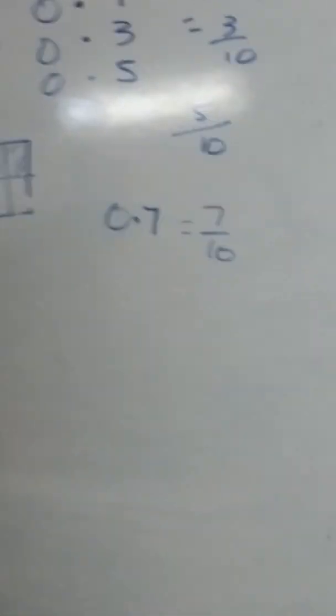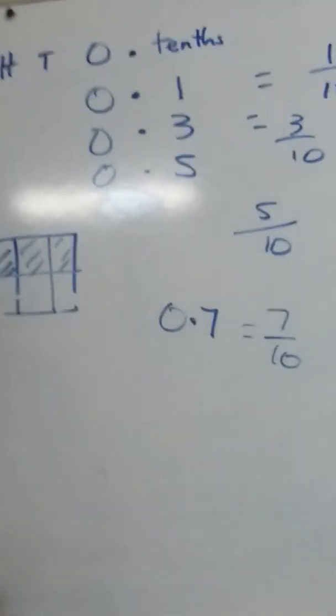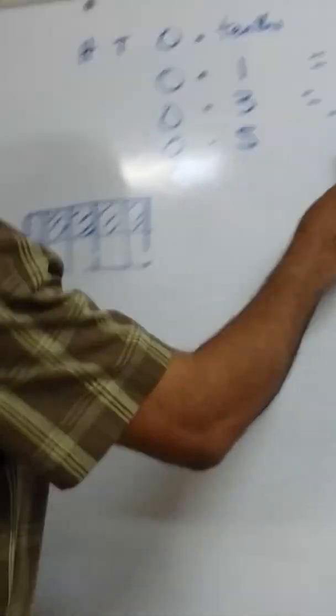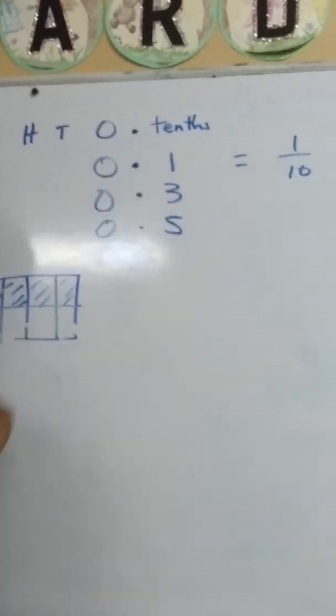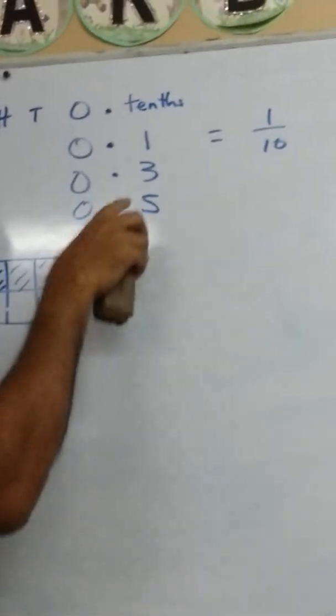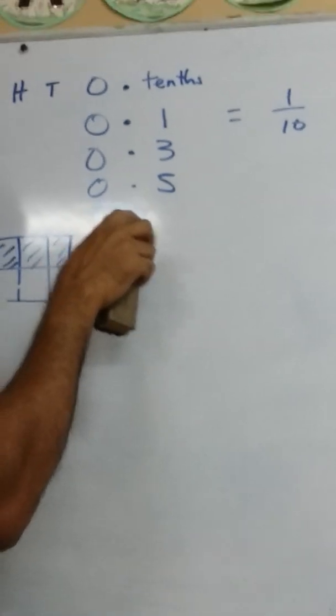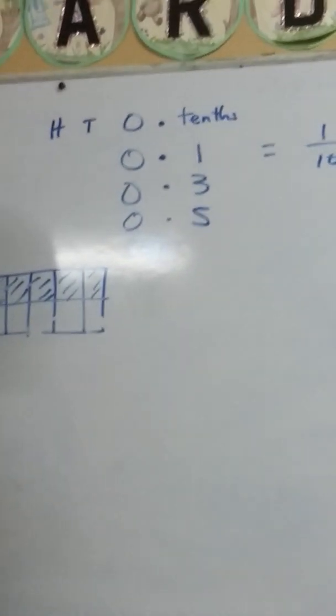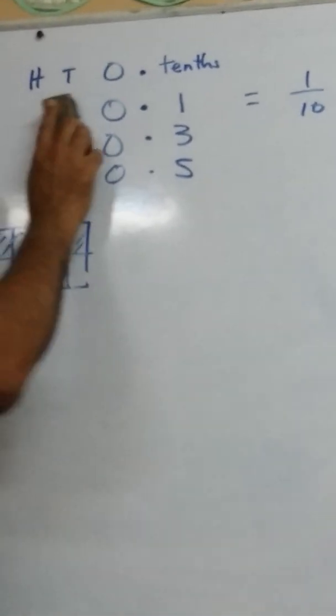And as we separate our wholes from our fractions, we said we can take 1/10 and write it as 0.1. 3/10, write it as 0.3. 5/10, 0.5. So any fraction based on tenths.